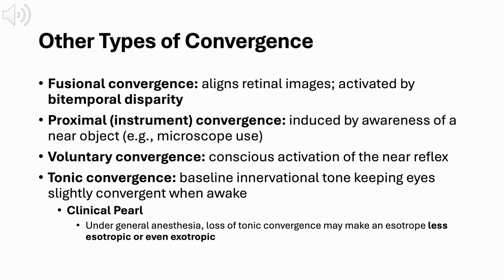Voluntary convergence refers to conscious activation of the near reflex. Finally, tonic convergence represents baseline innervational tone that keeps the eyes slightly converged when awake. Clinically, when tonic convergence is lost under general anesthesia, an esotropic deviation may appear smaller, or even shift toward exotropia.